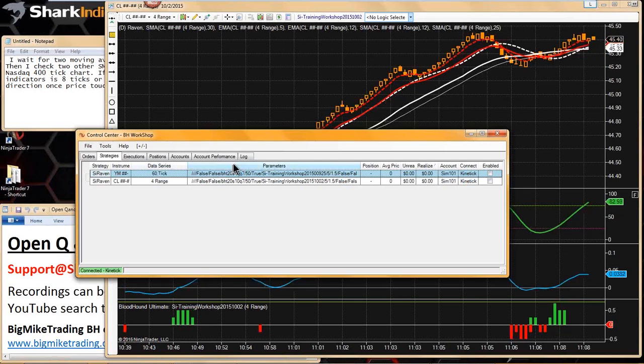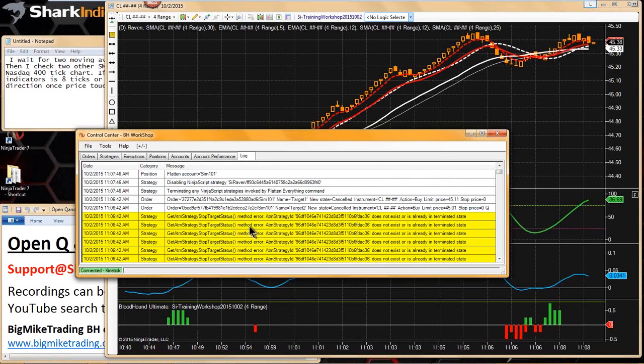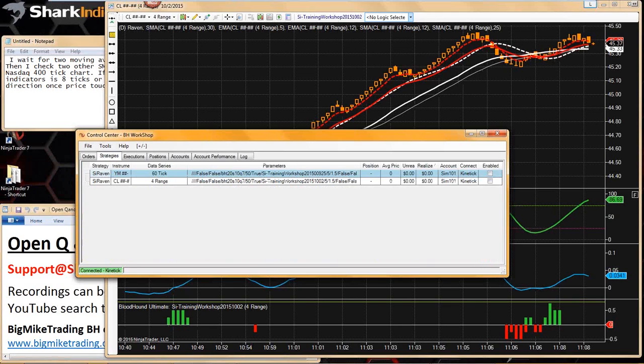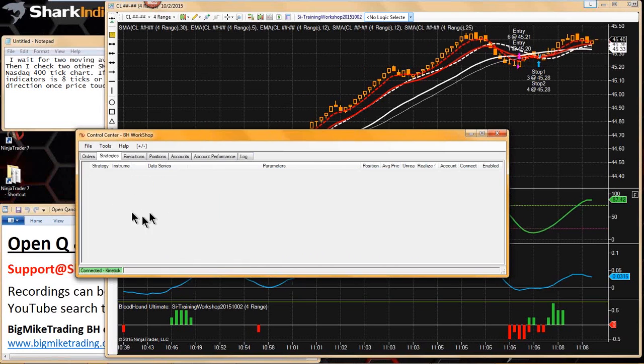You'll see little warnings in the log file here that such and such strategy couldn't be found, which nobody cares about because you're not running that strategy anymore. But just to keep NinjaTrader's database clean, I'd recommend that you remove these leftover strategies from the strategy tab here.